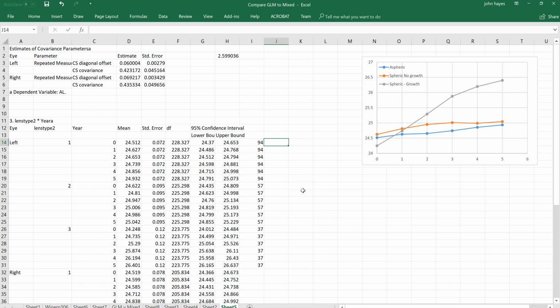Now we want to get the standard deviation, which equals the square root of that number. That's the standard deviation.